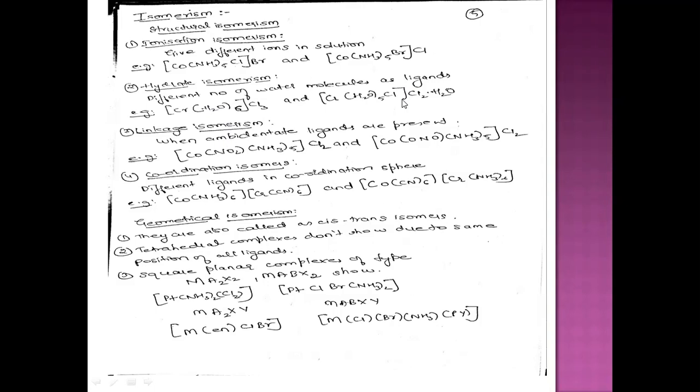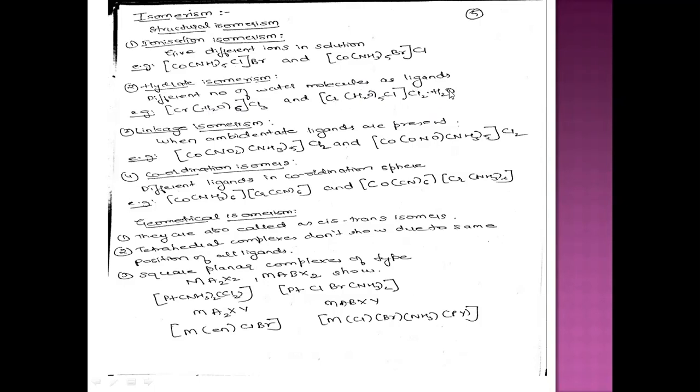So the number of water molecules acting as ligands is different in both compounds. Here 6 water molecules act as ligands in this compound, whereas in the other, 5 water molecules act as ligands and 1 water molecule is outside the coordination sphere. It is in the compound, but it is not acting as a ligand. The molecular formula is Cr1 H12 O6 Cl3.